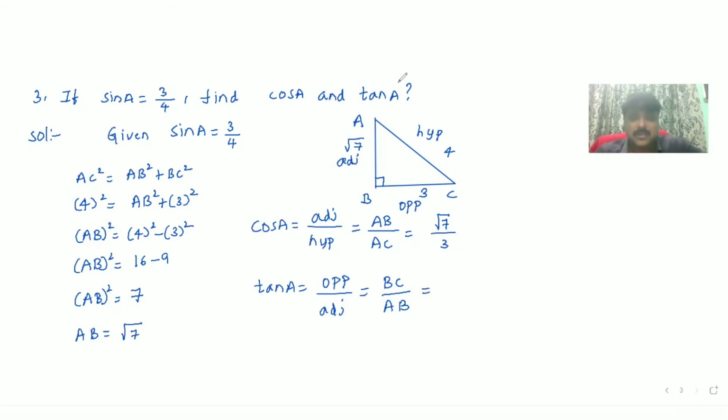BC is 3 by root 7. If you want, you can rationalize it by multiplying by root 7 by root 7. That is 3 root 7 by root 7 into root 7, which is 7. Let us go on to the next problem.